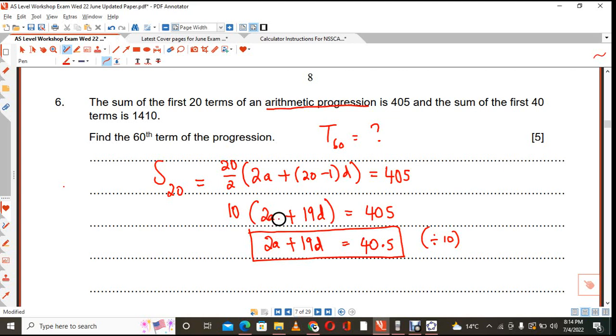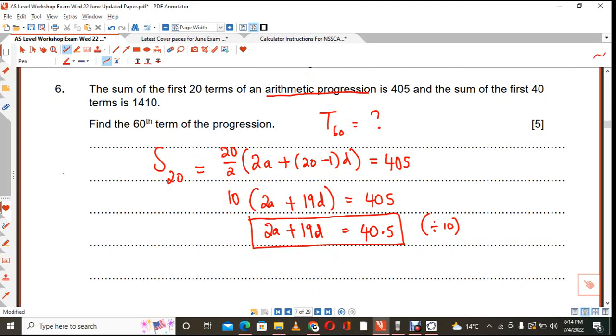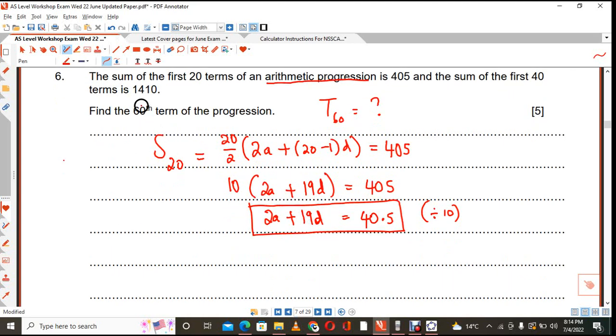So I'll use a similar concept to do the second equation. The second equation would be the sum of the first 40 terms, so that is half of 40, 2a plus 40 minus 1 times d, that's 1410.